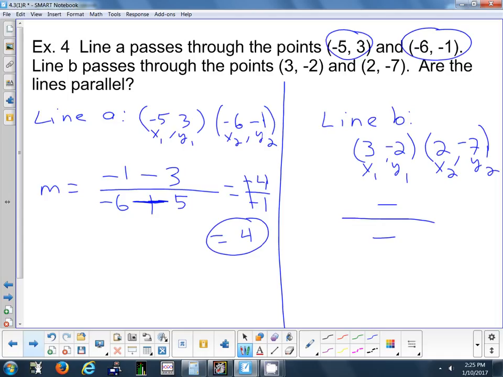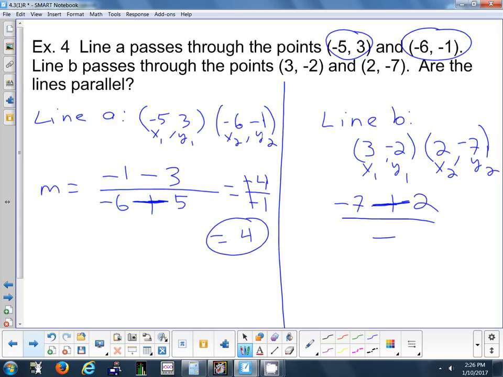All right, somebody besides Antonio, can you tell me what goes in the top? Just tell me the actual numbers. Yep. Negative 7, negative 2. Before we even do the bottom, what can I do in the top right away? Yeah, minus a minus. Let's just turn that into a plus right now. Okay. What goes in the bottom?